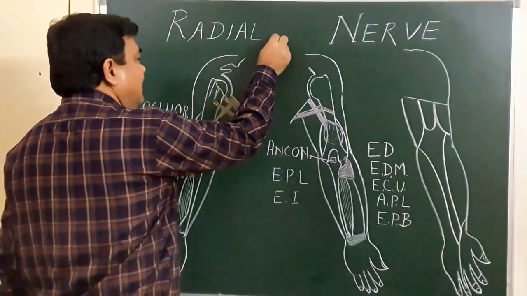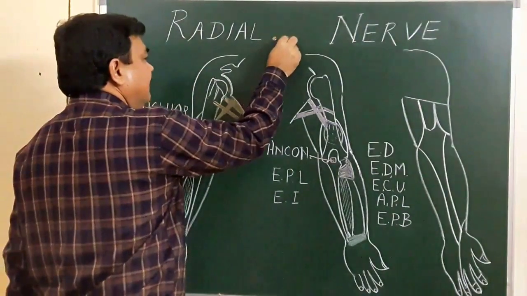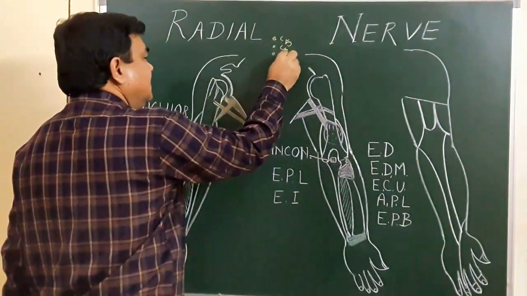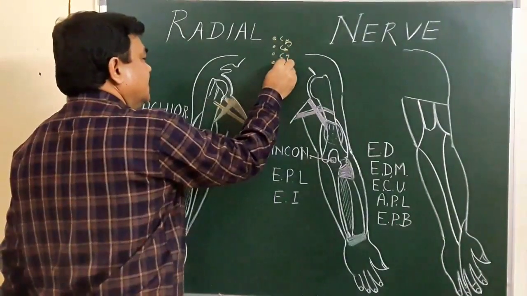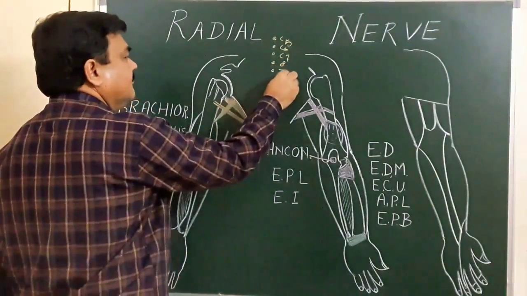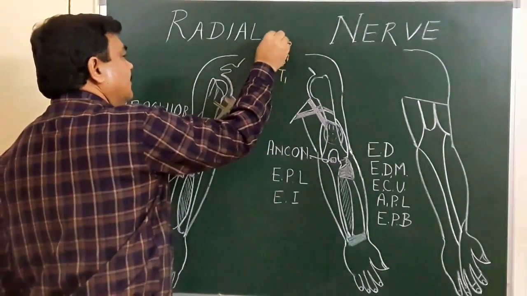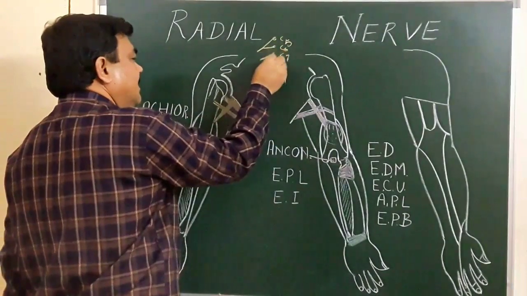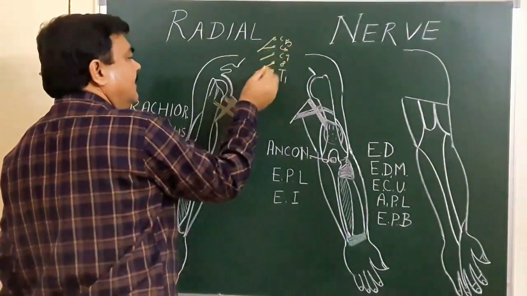Here are the ventral rami of C5, C6, C7, C8, and T1. C5 and C6 form the upper trunk. This is the middle trunk, and this is the lower trunk.